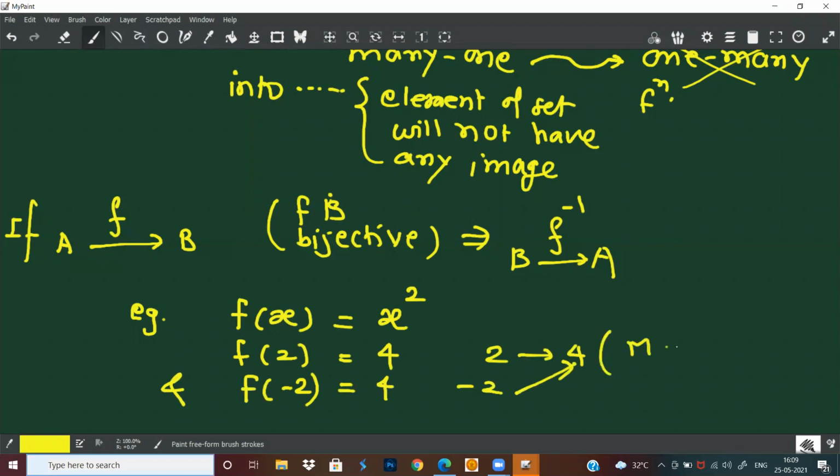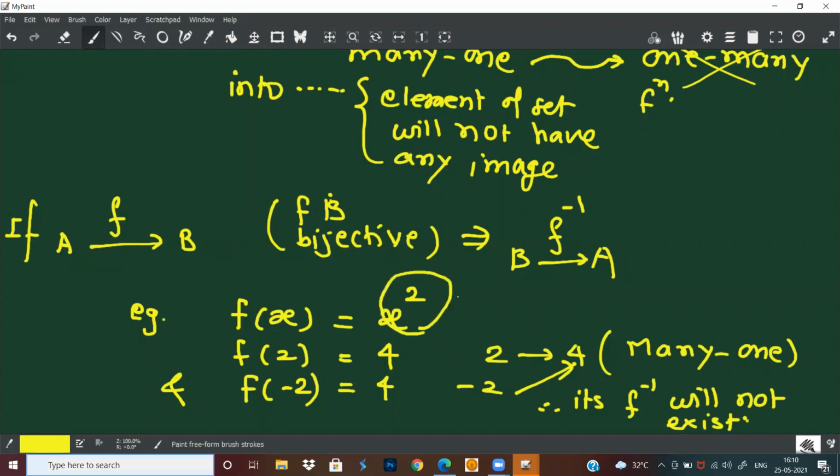So it will be many to 1. So its inverse will not exist. Is that clear? And that will happen for every even power of x.